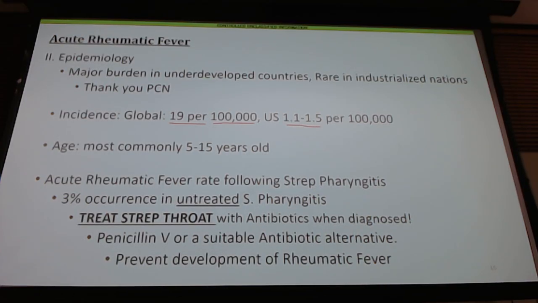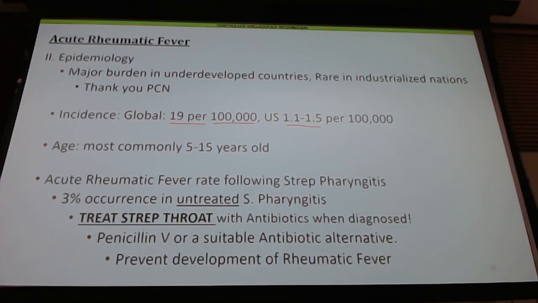So you have a 19 times higher risk globally of having this disease, simply because of lack of access to healthcare, lack of access to prescription antibiotics to treat streptococcal infections. And you can see there a 3% occurrence of rheumatic fever in folks who do not get treatment.